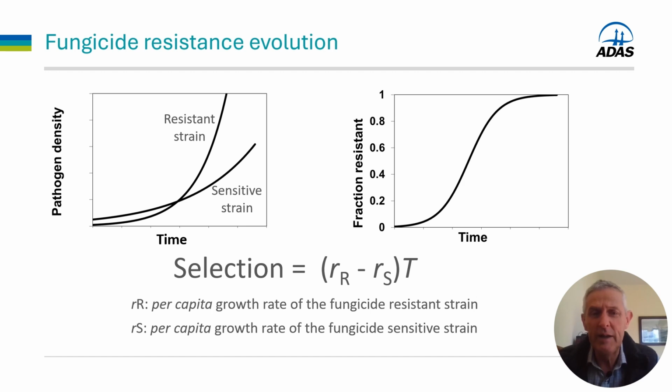And the rate of selection for the resistant strain is determined by the difference in the per capita growth rate of the resistant and the sensitive strains and the time over which the fungicide is creating that selective pressure.